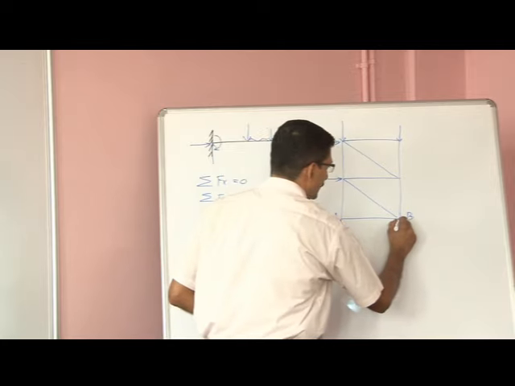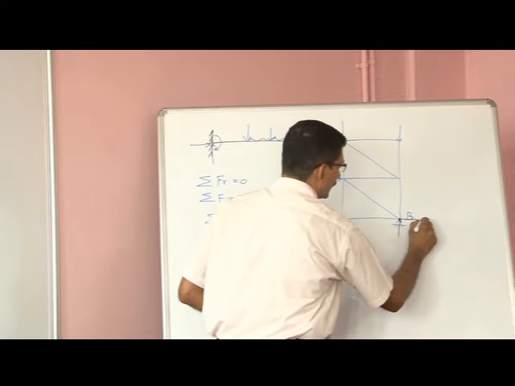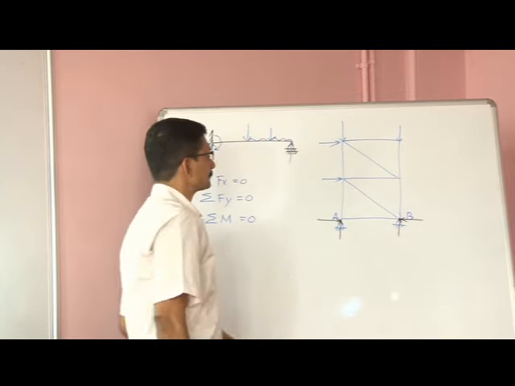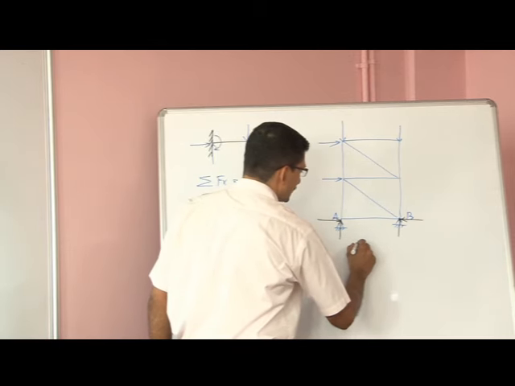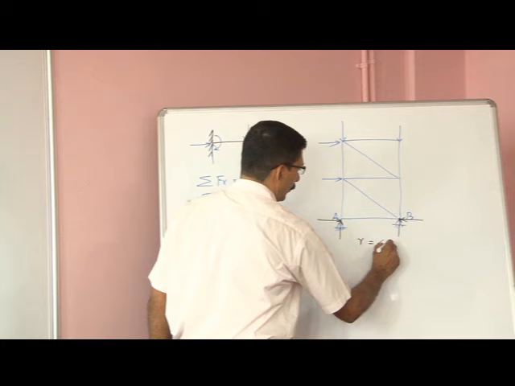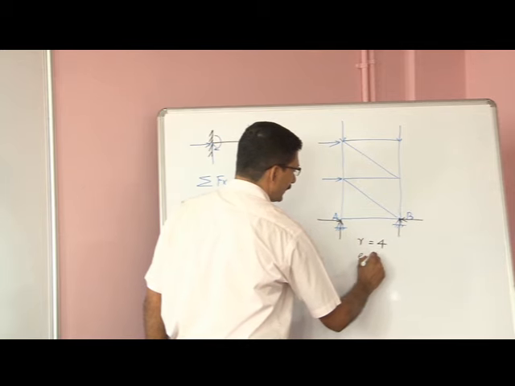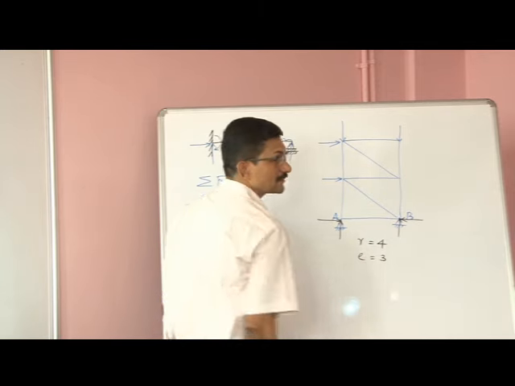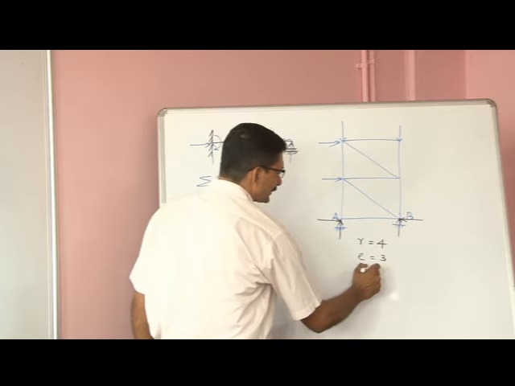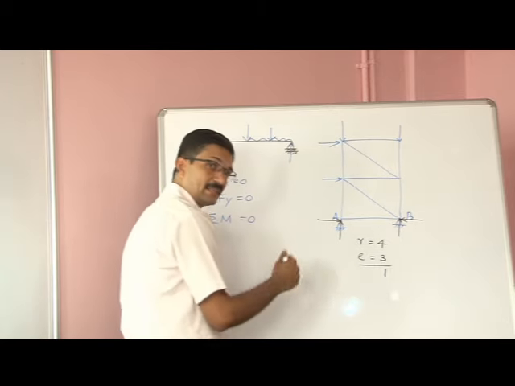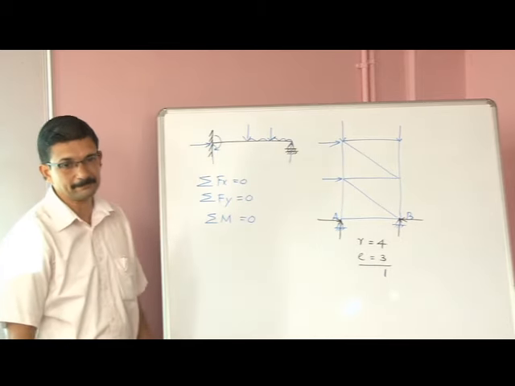Here also we can expect a vertical and horizontal reactions. Let us say like that. Now the number of unknowns in this case, say reactions, is equal to 4 and number of equations available is equal to 3 from statics. So the difference between the number of unknowns and the number of equations is equal to 1 here. We say that is the degree of static indeterminacy.